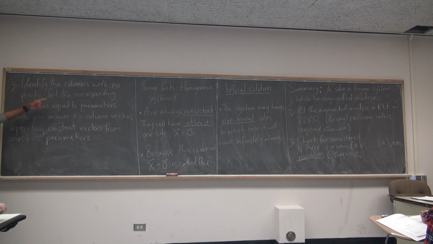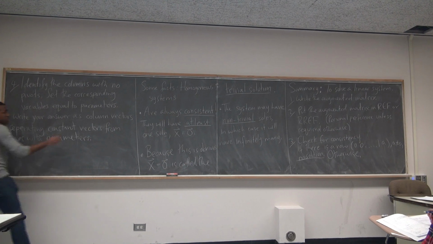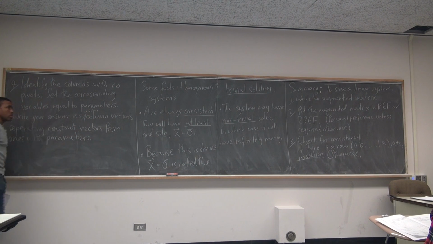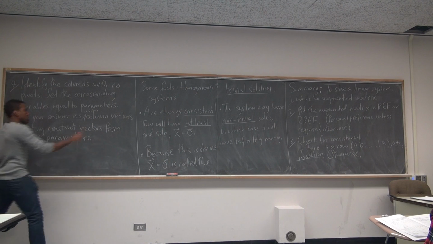So identify the columns that don't have pivots, set the corresponding variables equal to parameters, and you write your answer as a linear combination of column vectors. So I can say linear combination here, or I can say a sum of column vectors.